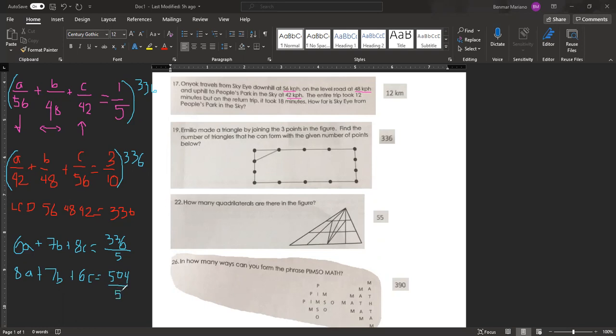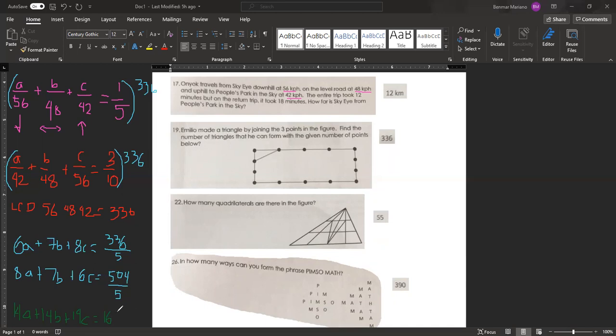Now, again, our goal is to identify the value of A plus B plus C. So we can add these two equations. When we add those two equations, it will be 14A plus 14B plus 14C is equivalent to, let me add those two, 336 plus 504 divided by 5, that will be equivalent to 168.